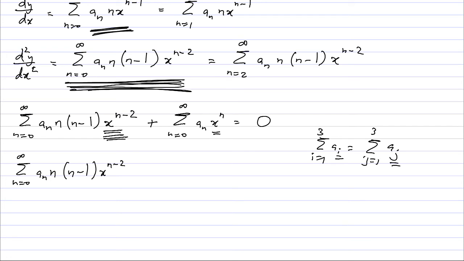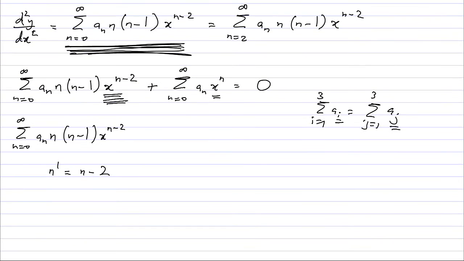Let's use another index, n prime, which I define as n minus 2. Now, if n is equal to 0, then n prime is going to be equal to minus 2. So you don't get something that neat.